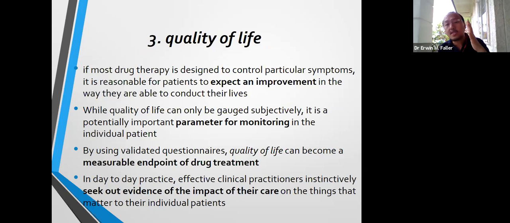The goal that we are expecting is the improvement in terms of quality of life. They are able to conduct their normal life. They have the important parameters in terms of the quality of their living conditions, the improvement of their life.